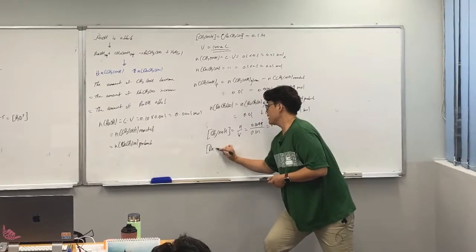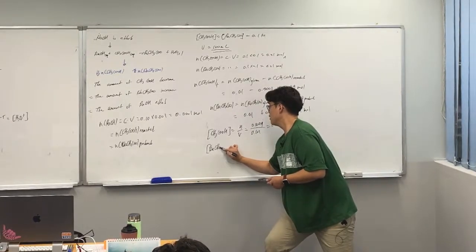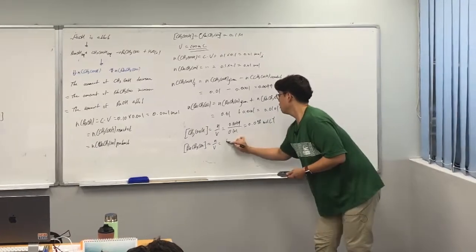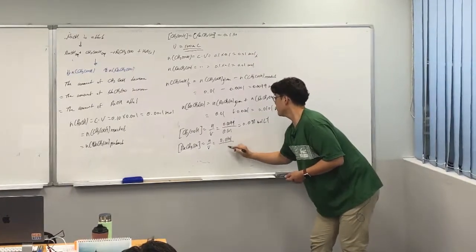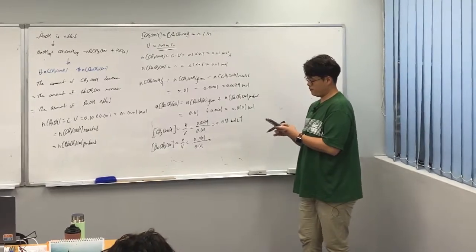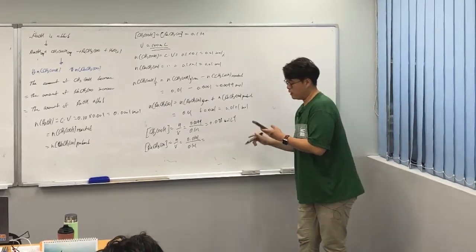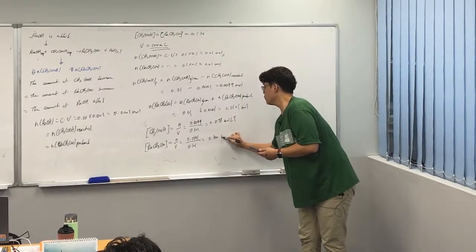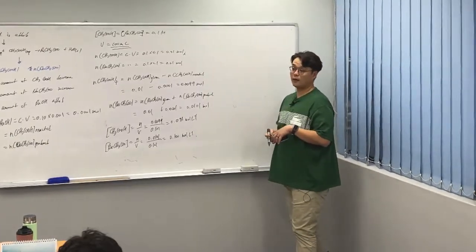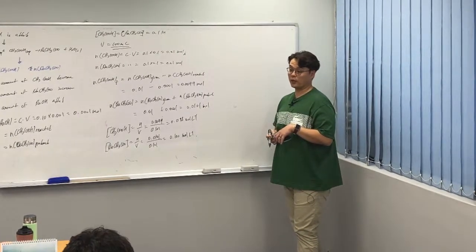For the sodium acetate, n over V, that'll be 0.0101 divided by 0.101, giving you 0.100 mole per liter. Okay, are we done? No, we need to find the pH from here again too.